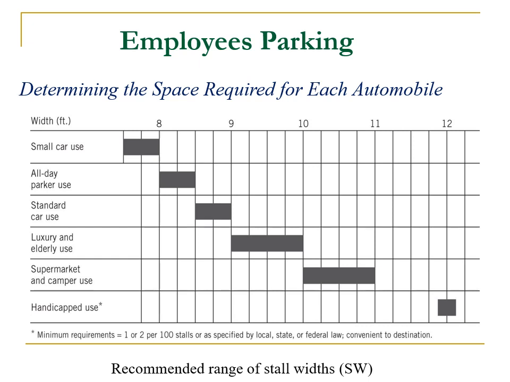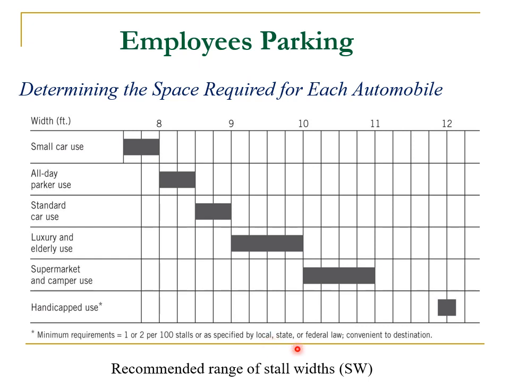For example, for supermarket and camper use, it can be 9 to 11 feet. Okay? And for example, for handicapped use, it can be 12 feet so that these people can get into their cars or get out of their cars easily.